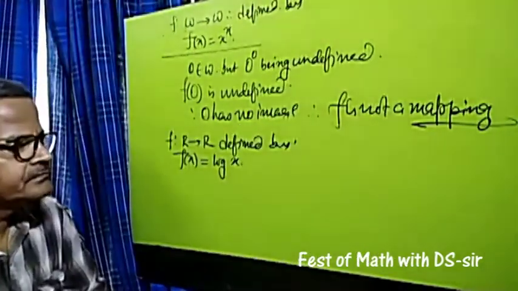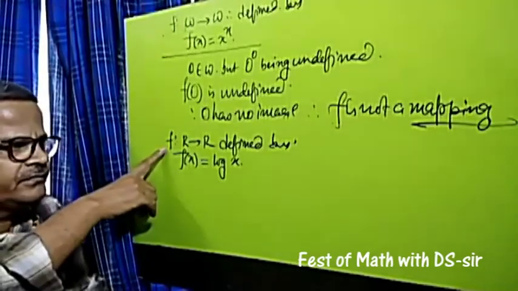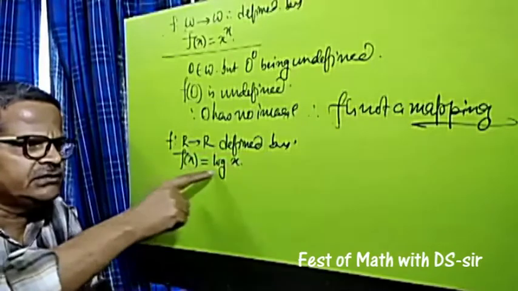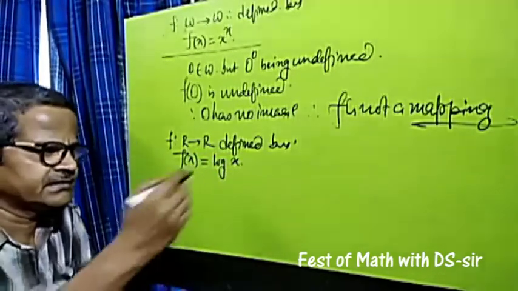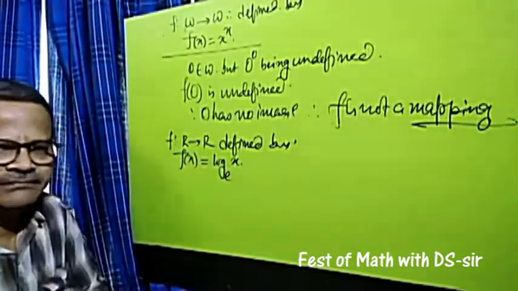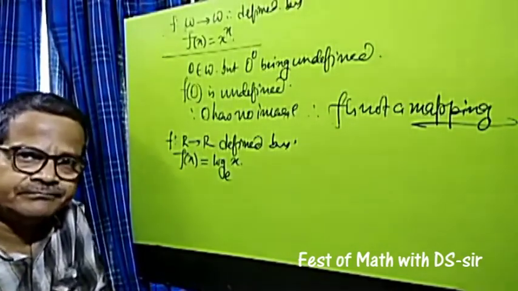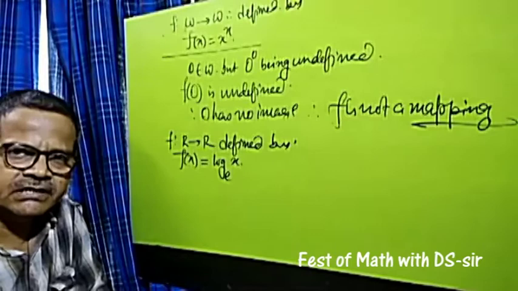Example, if a relation is defined from R to R by f(x) is equal to log of x to the base. Now, is it a mapping? Is it a mapping?